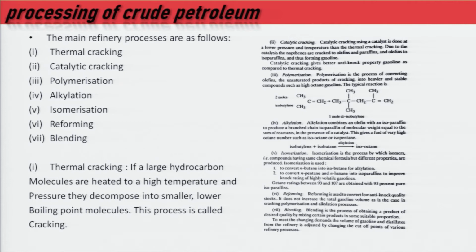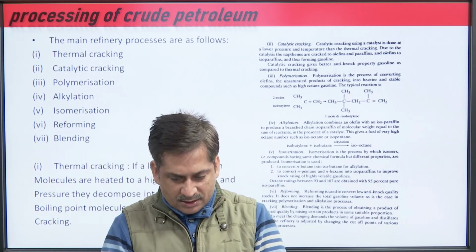These are those processes. So, why are these processes done? The aim behind this is to make the fuel compatible as per your demand, meaning either the fuel is going to be used in an SI engine, spark ignition engine, or in a CI engine, compression ignition engine. So, isomerization is one of them.